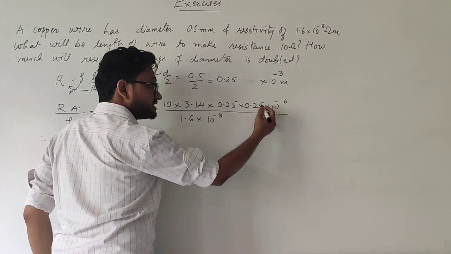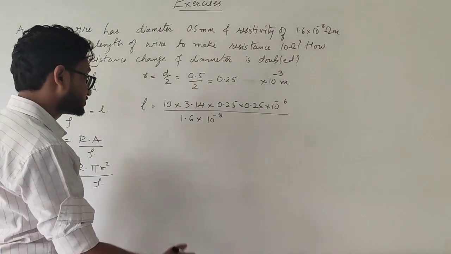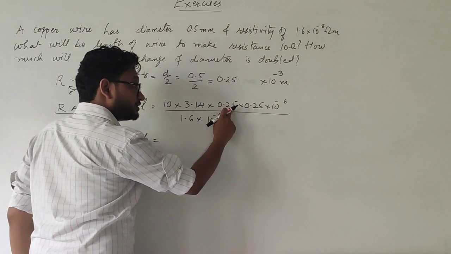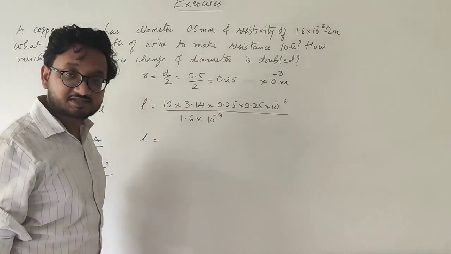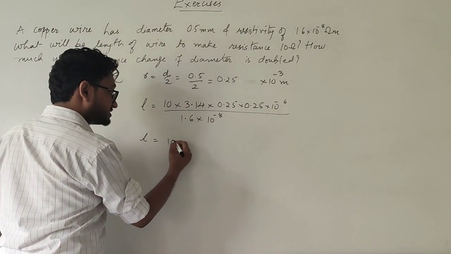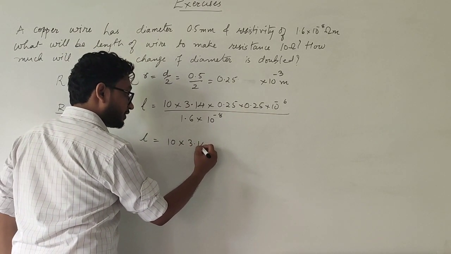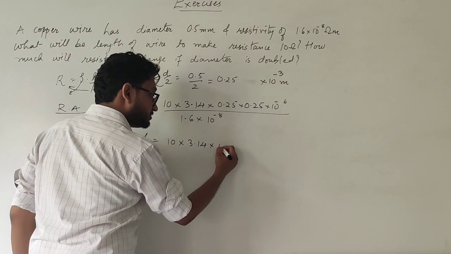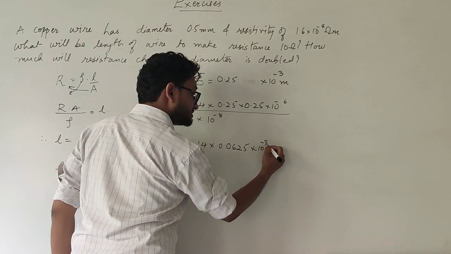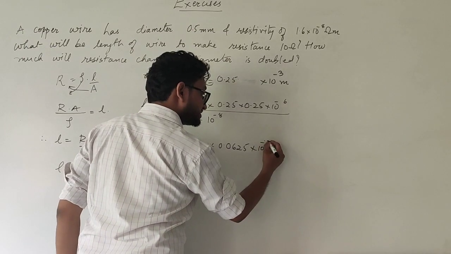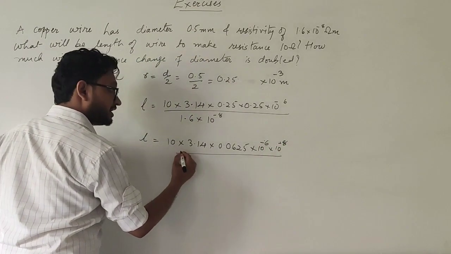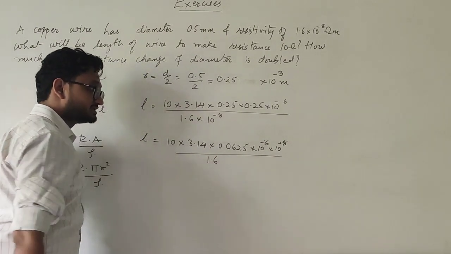This 10 raised to minus 8 goes in the numerator, it becomes 10 raised to plus 8. So I am simplifying it for you. Now 25 into 25 is 625, and we have 4 decimal points. So it can be written as 10 into 3.14 into 0.0625, into 10 raised to minus 6 into 10 raised to plus 8, and in the denominator you just have 1.6 remaining.